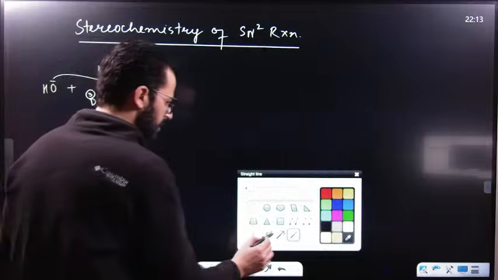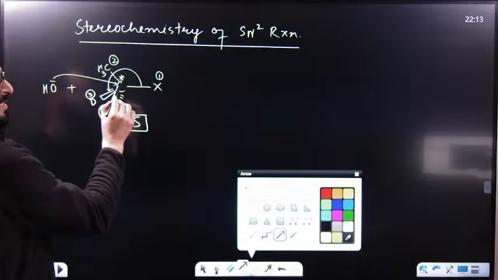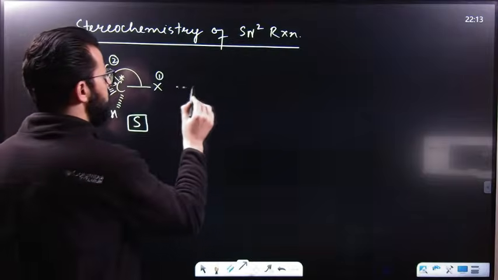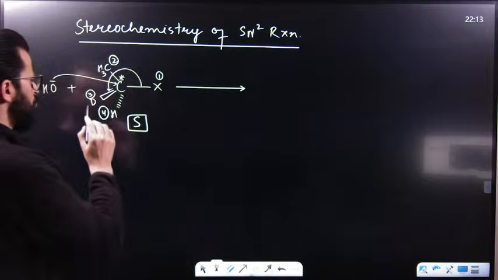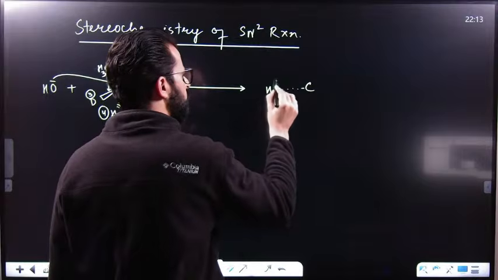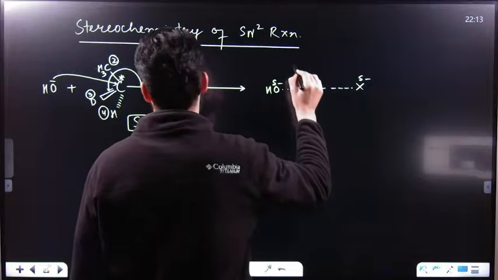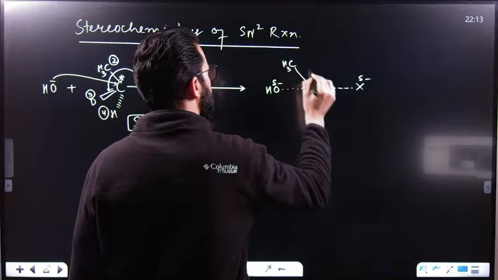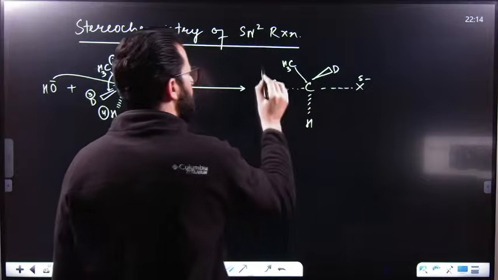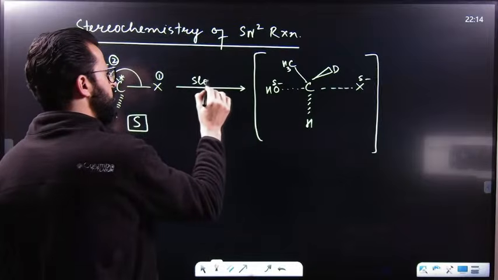Now here the HOMO of the nucleophile and the LUMO of this electron deficient site will interact with each other and result in the formation of a bond. So OH negative attacks and X wants to leave with a negative charge, and here it will be CH3, then D, then H. So a transition state will first be formed, and this will be the slowest step and hence the rate determining step.